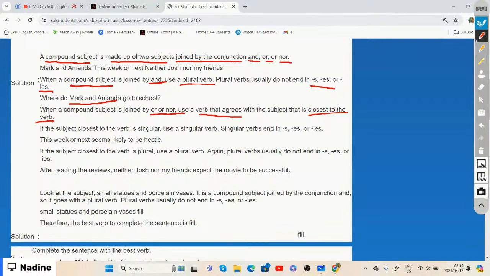And if the subject closest to the verb is plural, we use a plural verb. Again, plural verbs usually do not end in s, es, or ies.